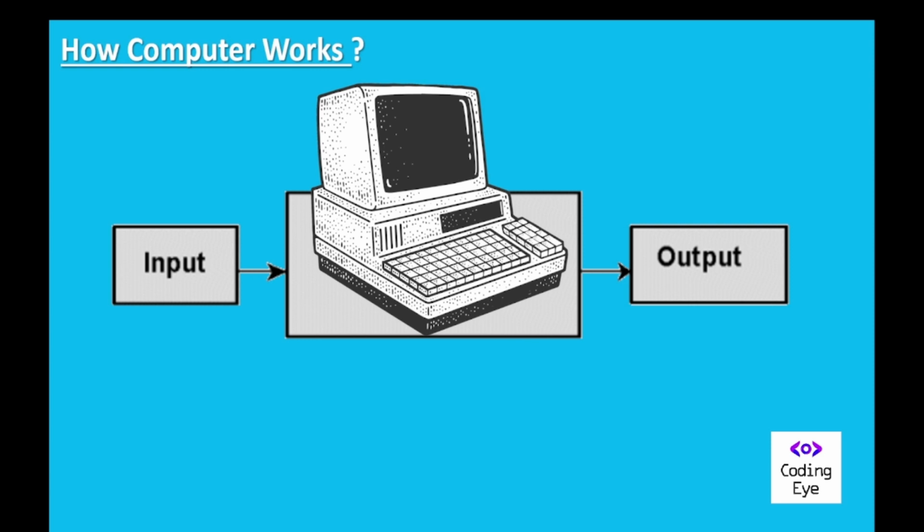Based on the input which you are giving to the computer, it will generate the output. So input means whatever you are typing through the keyboard, that we call an input. That is simple. So the computer needs only one thing, that is a proper input. If the computer understands your input, it will give the output.